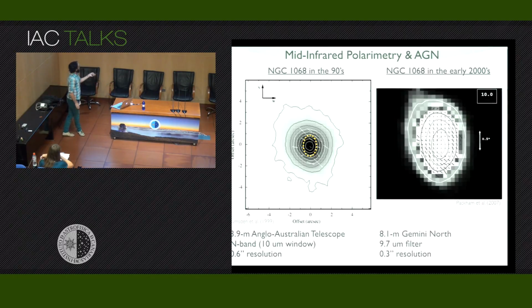Later in the 2000s, Chris Packham, my advisor, used Gemini North, and this is the only mid-infrared observation using an 8 meter telescope to this date. This vector represents all these 50 or 60 vectors here. What I show is this yellow dashed line representing all these vectors.